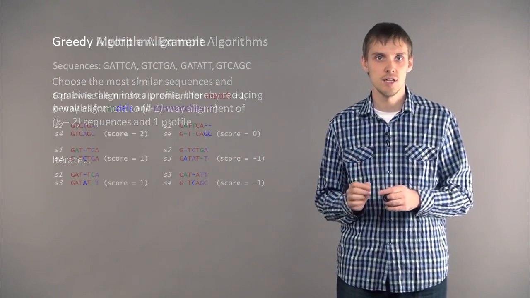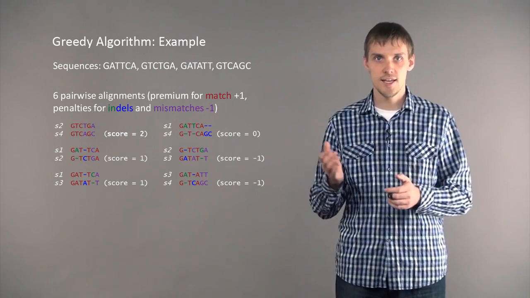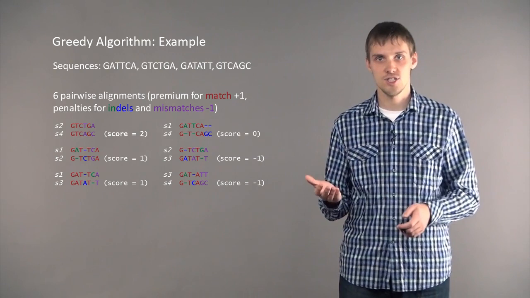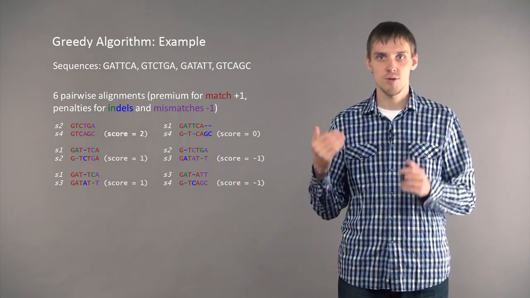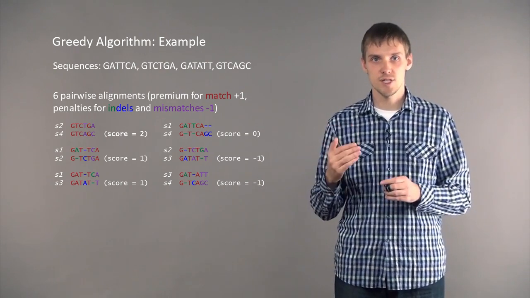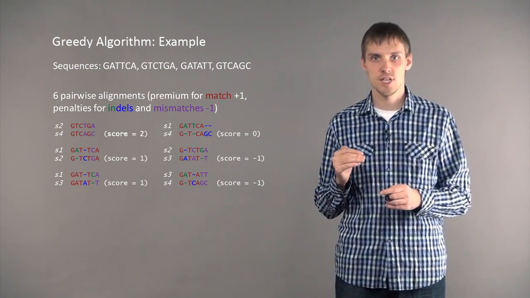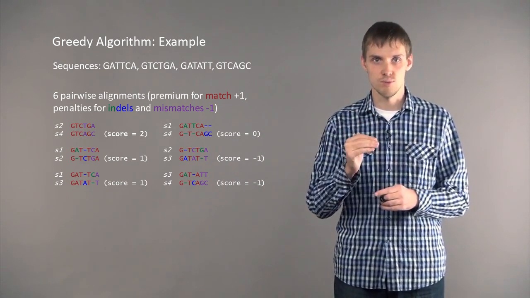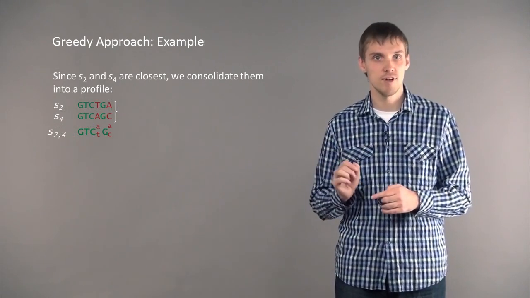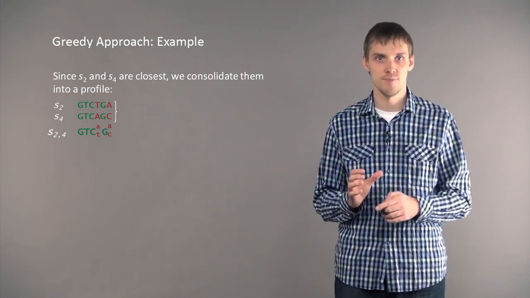For example, let's take these 4 sequences: GATTCA, GTCTGA, GATATT, and GTCAGC. We will find 6 pairwise alignments of these sequences, and the best one is the alignment between the 2nd and 4th sequences, and it has a score of 2. So we will join these 2 sequences into one profile, and we will add it to our pool of sequences we want to align.